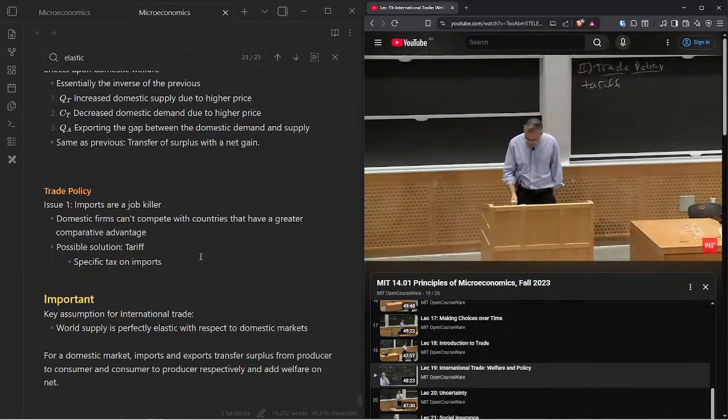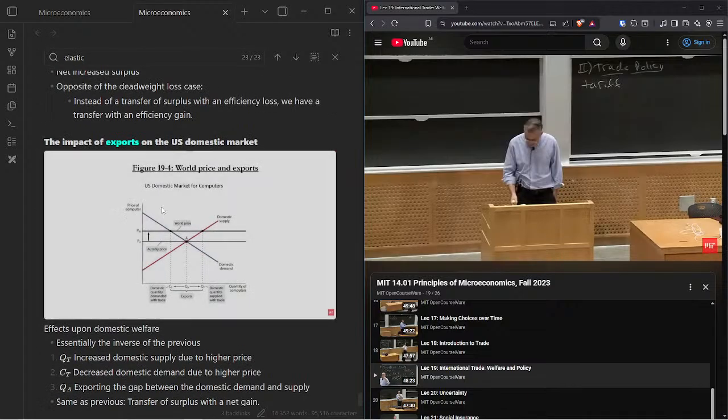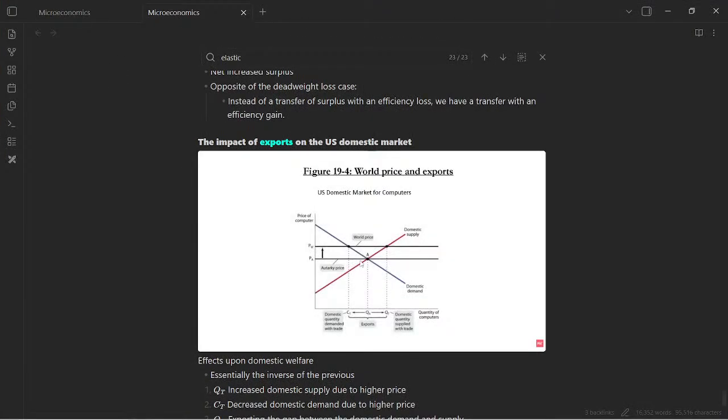Aren't you just, by applying a tariff, moving back down the scale? Like, directly reducing the impact of the imports?